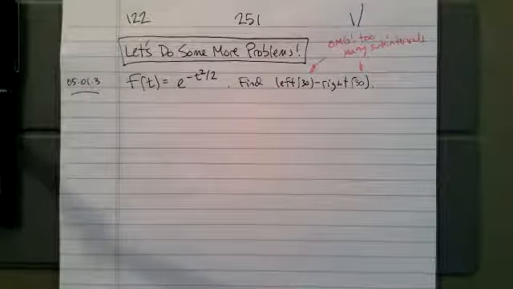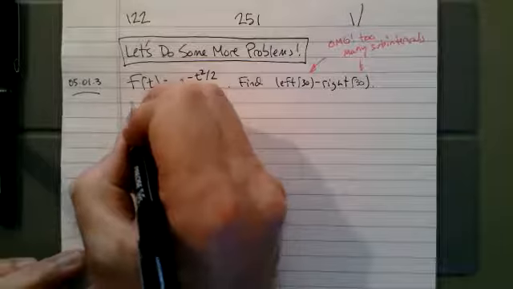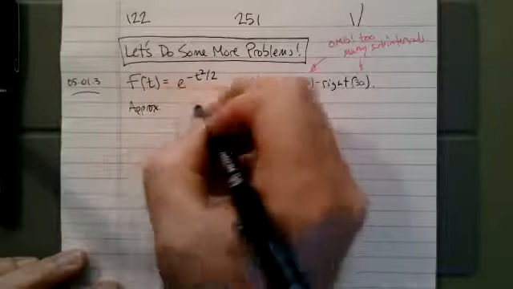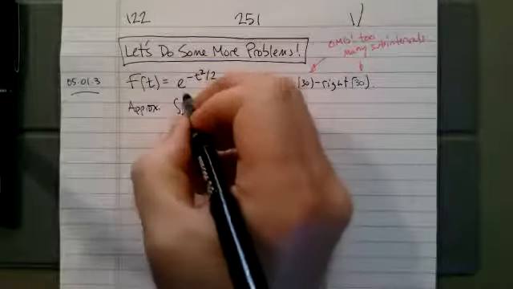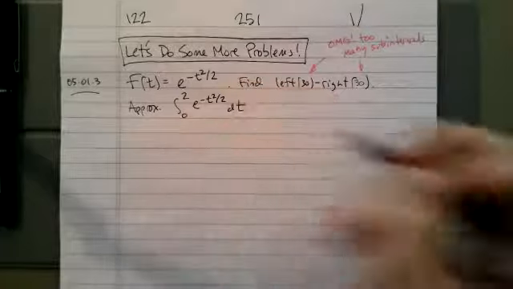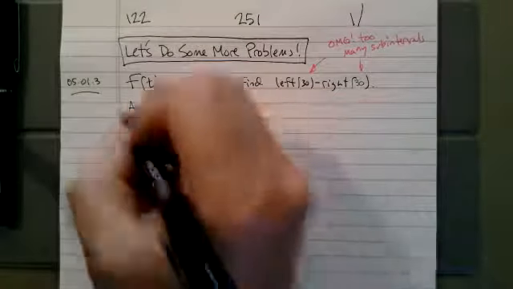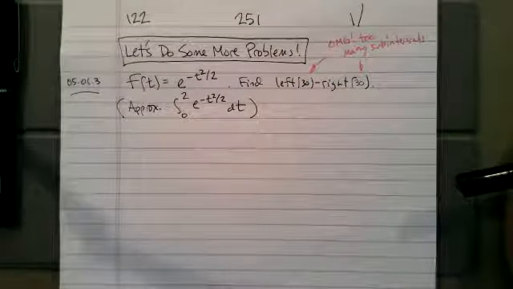So first of all, we want to approximate the integral from 0 to 2 of e to the minus t squared over 2 dt.